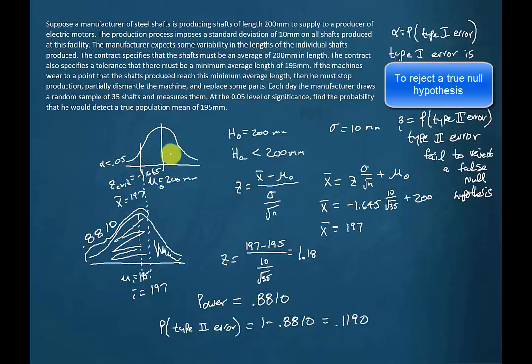If we fail to reject the null hypothesis and the actual mean is 195, then that area corresponds to this area here, which again is beta, or the probability of committing the type 2 error. That leaves this area here to be the power, 0.8810.